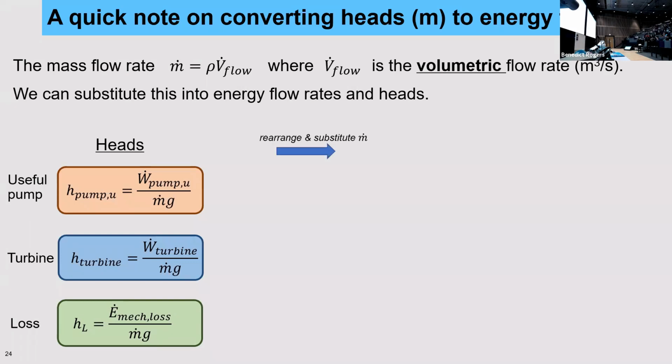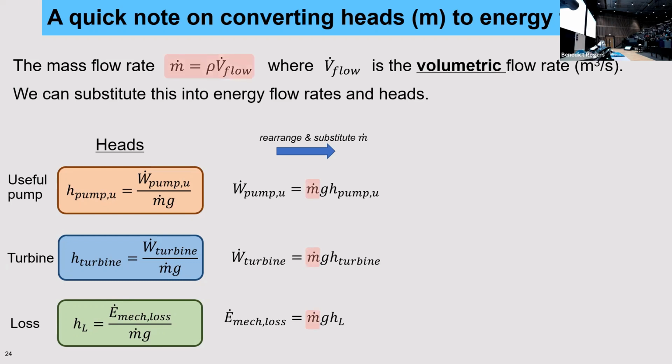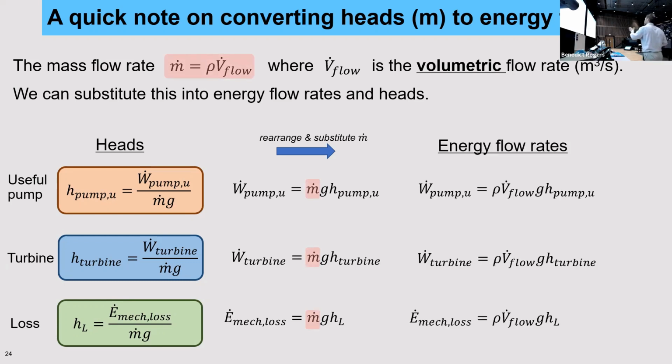So if we rearrange and substitute in for our expression for m dot, for example, the useful pump work is equal to m dot g times the pump head. We then substitute in for the mass flow rate, m dot, and that gives us our energy flow rates.